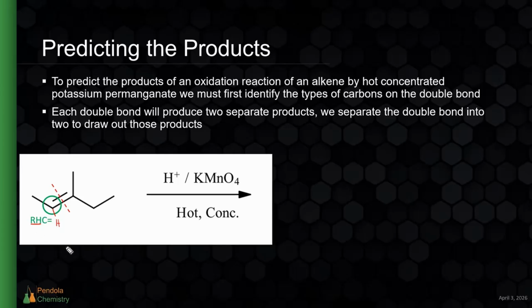As we saw earlier, carbons that have a hydrogen and an R group are going to be turned into aldehydes, that then get further oxidized into a carboxylic acid.